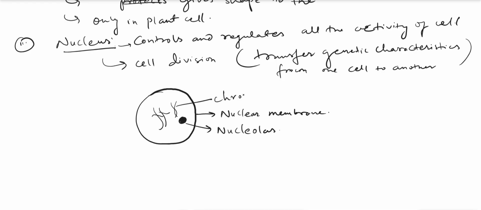Chromosomes are the substances which help in the transfer of genetic materials from parents to offspring. They usually contain DNA. DNA means deoxyribonucleic acid.